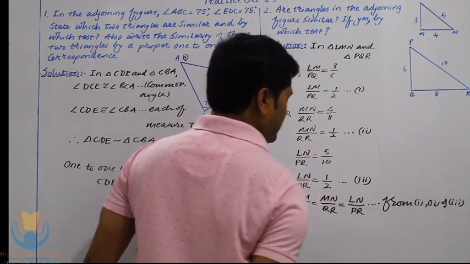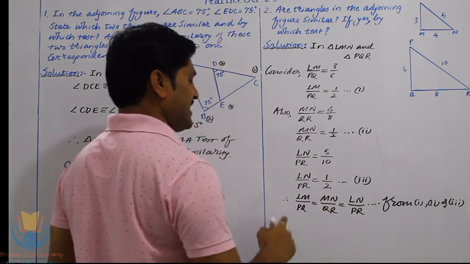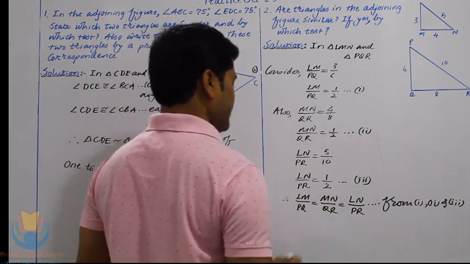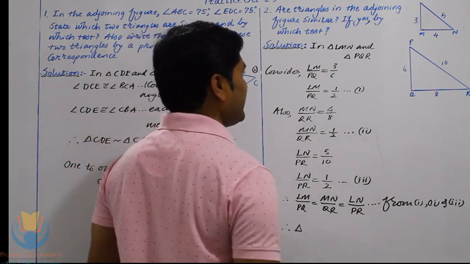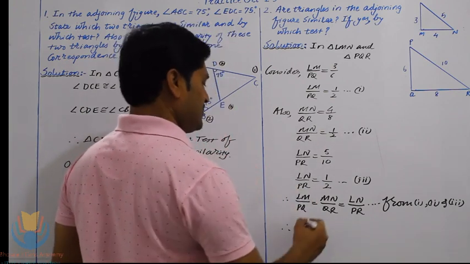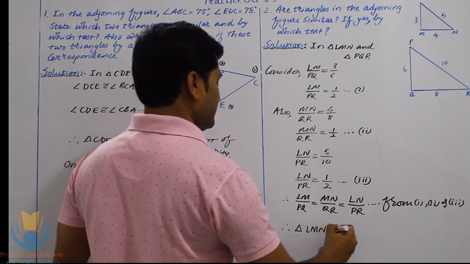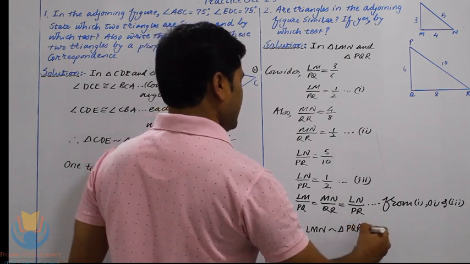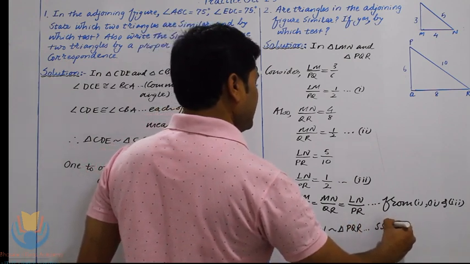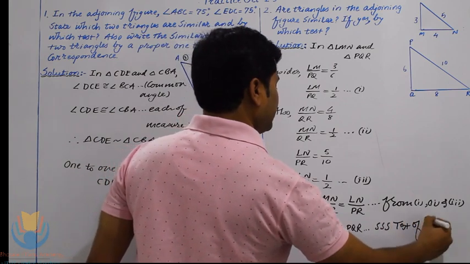So as I said, the corresponding sides of those two triangles are in the same proportion. Therefore those two triangles are similar by the side test of similarity. So let's write the same. Therefore triangle LMN is similar to triangle PQR, and here we will write the test as side test of similarity.